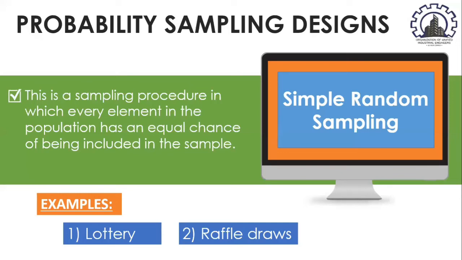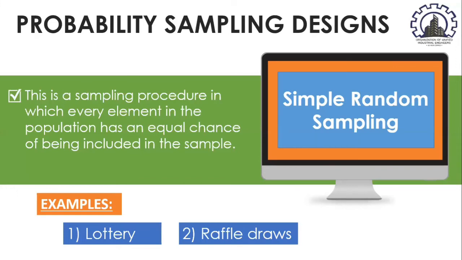First, we have simple random sampling. This is a sampling procedure in which every element in the population has an equal chance of being included in the sample. Here, we select n units out of the N units in the population, the selection of which is through lottery, raffle, or the use of random numbers.